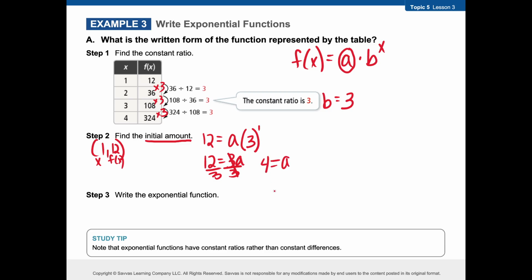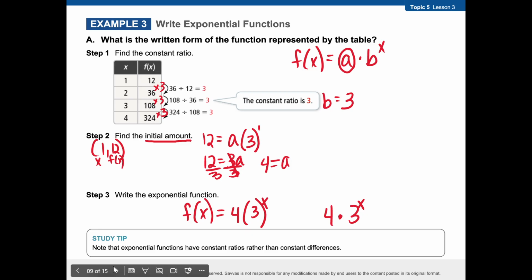So my initial amount is 4. So now that I have my A and my B, I can write my exponential function. F of x equals 4 times 3 to the x power. You can also write it as 4 times 3 to the x. Either one. I just like to use my parentheses.